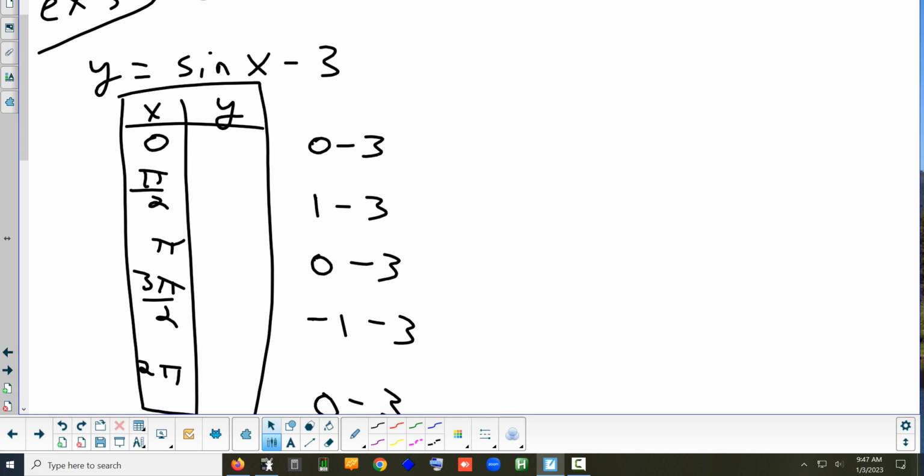And Eileen, if I subtract 3 from all of them, can you tell me what I get? Negative 3. Yep. Negative 2. Negative 3. Negative 4. Negative 3. Good. So there's our table for the sine function shifted down 3.